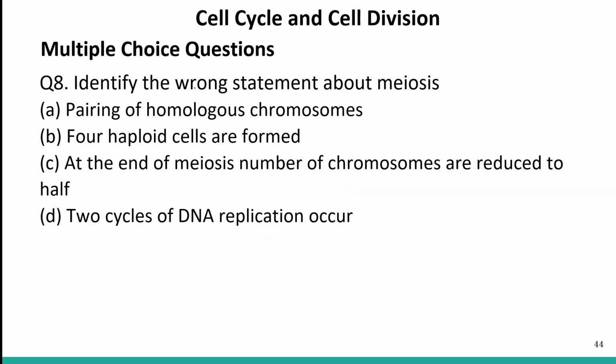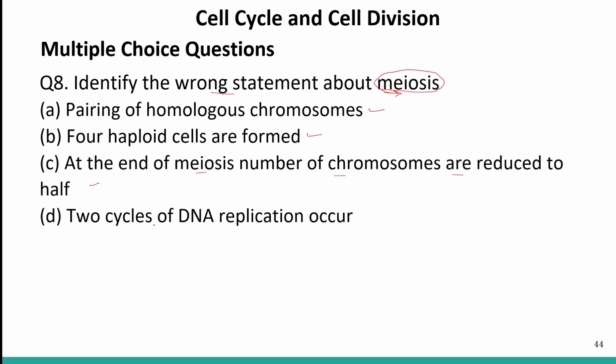Now coming to the next question. Identify the wrong statement about meiosis. Okay, now they are talking about meiosis, which is the reductional division. First option is pairing of homologous chromosome. Second option is 4 haploid cells are formed. Third is at the end of meiosis, number of chromosomes are reduced to half.